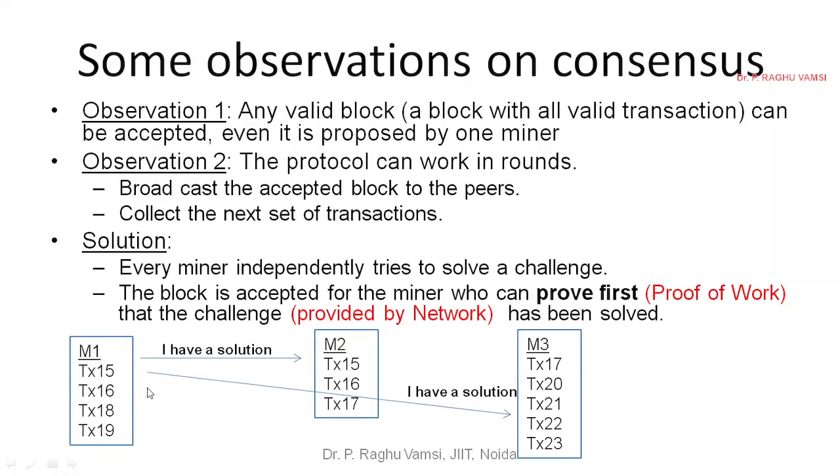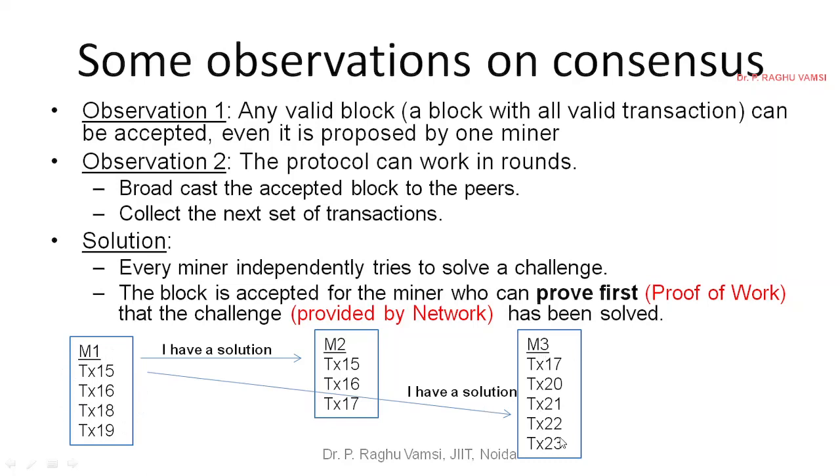Look at this: M1, M2, M3 are three miners, and each has its respective list of transactions and block. Now assume that miner 1 has solved the challenge. He says that he has the solution and informs M2 and M3. The transactions in M1 are 15, 16, 18 and 19. M2 has 15, 16, but there is no 17, which was approved in the created block.